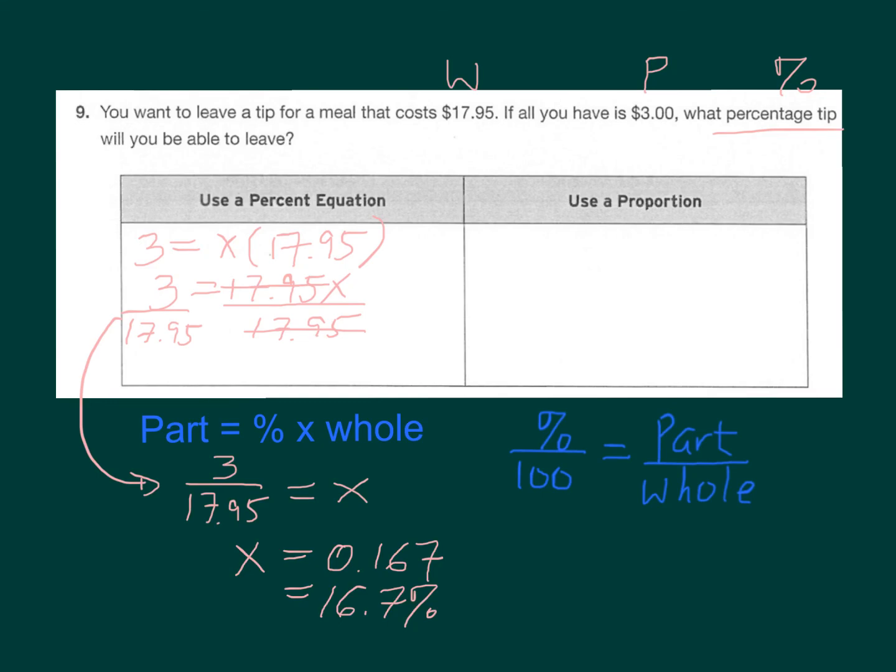Now, let's look at the proportion part. So percent over 100, and percent is what you're looking for. Okay, so I'm not going to use the same variable to represent percent in the proportion part. I'm just going to call it x this time. Okay, so x over 100 equals part over whole, so 3 over 17.95.